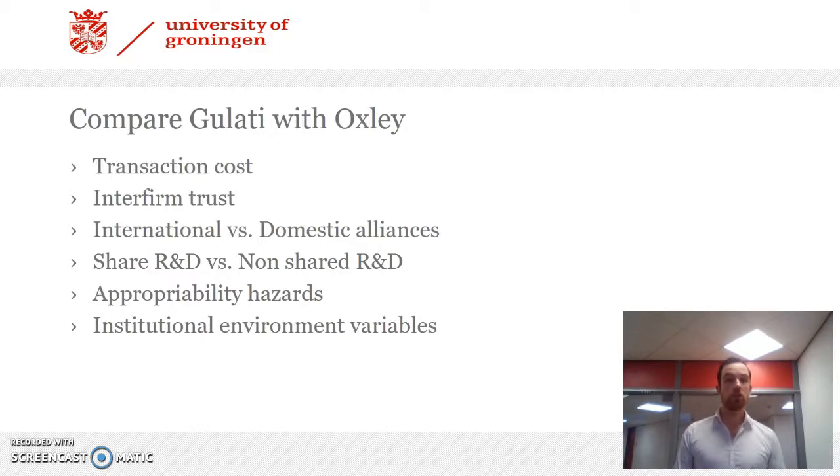Furthermore, alliances are more likely to be equity-based if they are among firms of a different nation, because reputational consequences of opportunistic behavior are greater in a domestic context. A special case of an alliance is when there is a joint R&D component involved.